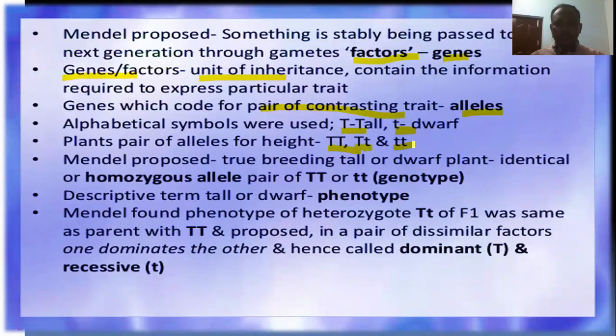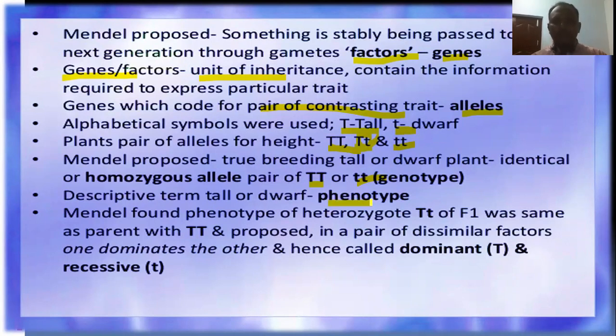Mendel proposed that true breeding tall and dwarf plants are identical, having homozygous allele pairs. If it is capital T small t, definitely the condition is heterozygous. It's not pure breeding or true breeding, right? The descriptive term capital T, small t is the genotype, and tall, the physical expression, is the phenotype.